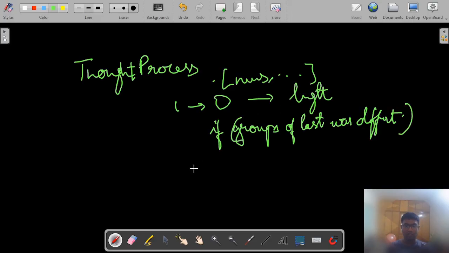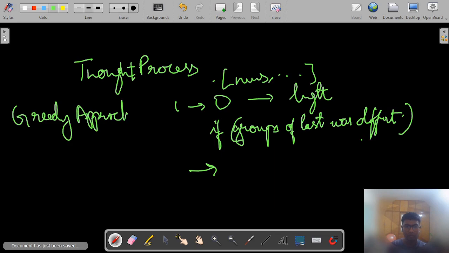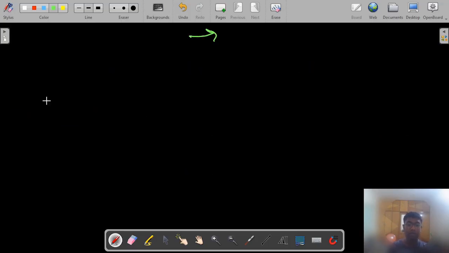This was a greedy type of solution. And this approach would not be a valid solution, or it would not lead us to the expected output.